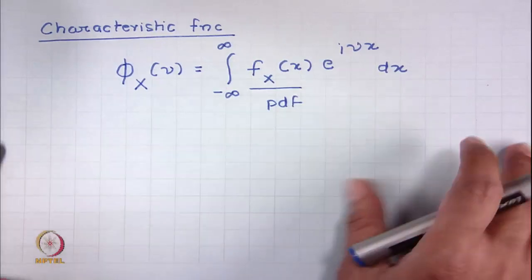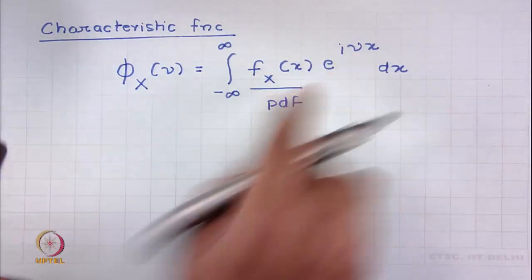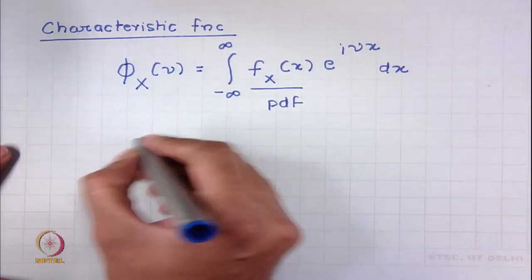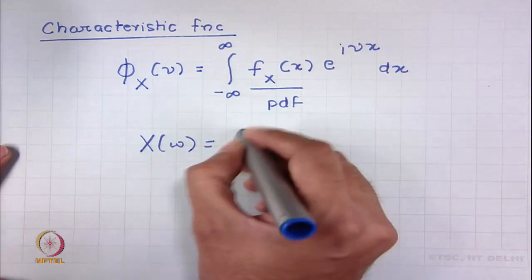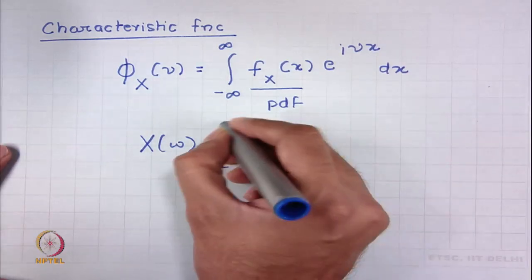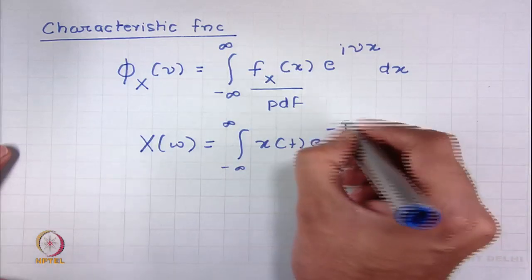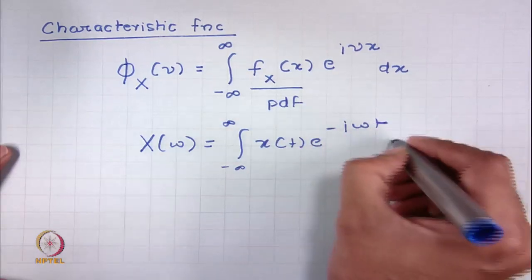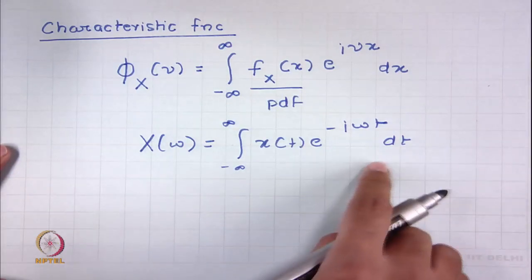Now let us see two important things. This is very similar to the Fourier transform of a signal. Let me define the Fourier transform of a signal. This is the expression for the Fourier transform of the signal, just reminding you.